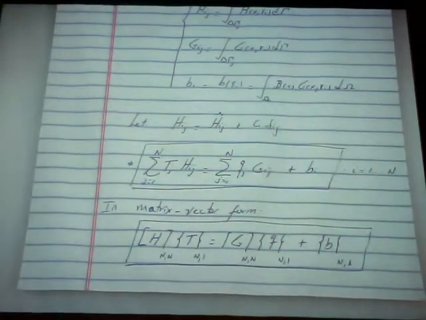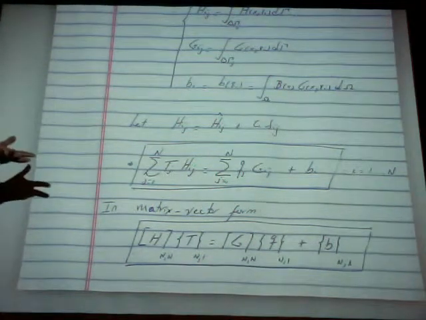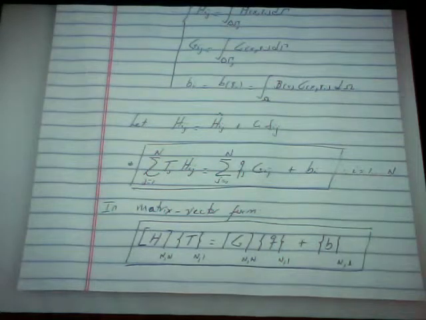So the existence of a non-homogeneous term in the governing equation just basically adds a vector to the system.